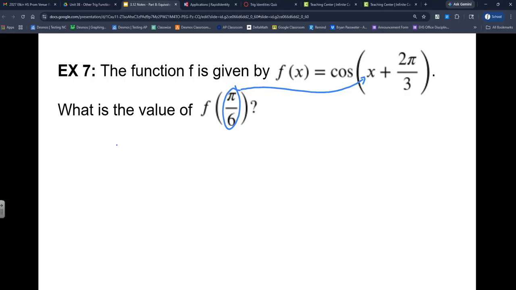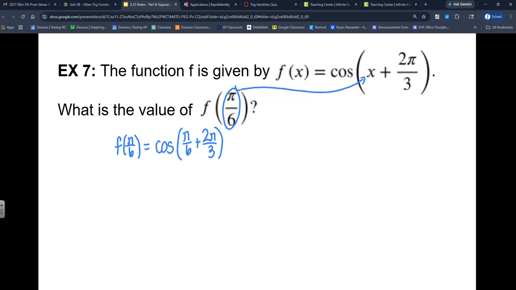So f of pi over 6 would be cosine of pi over 6 plus 2 pi over 3. Now, I could try adding those together, but I would have to get common denominators, which would be 4 pi over 6. Actually, that'd be 5 pi over 6.